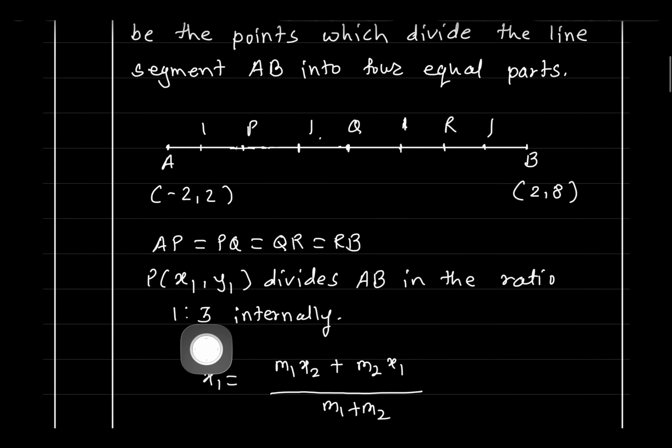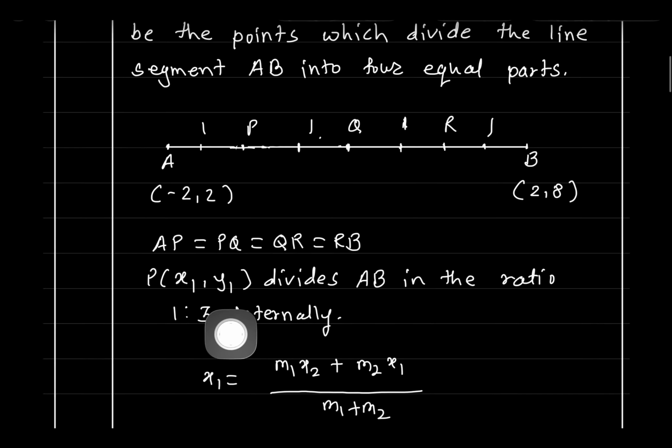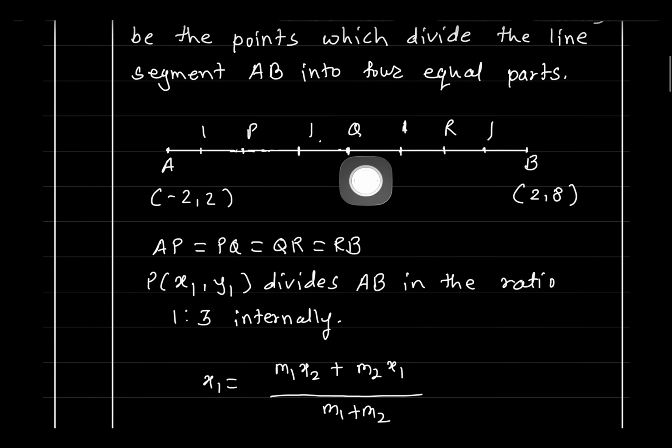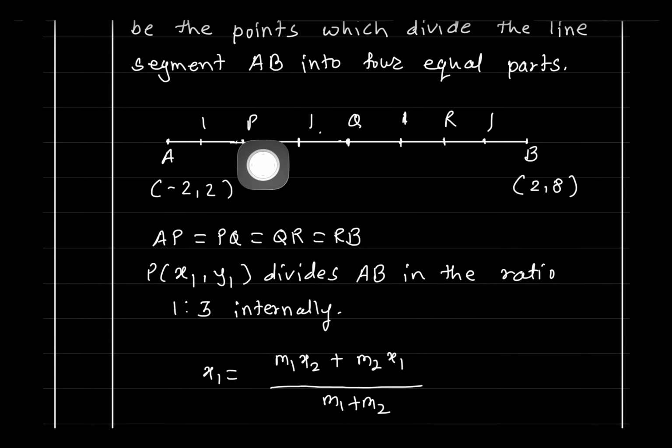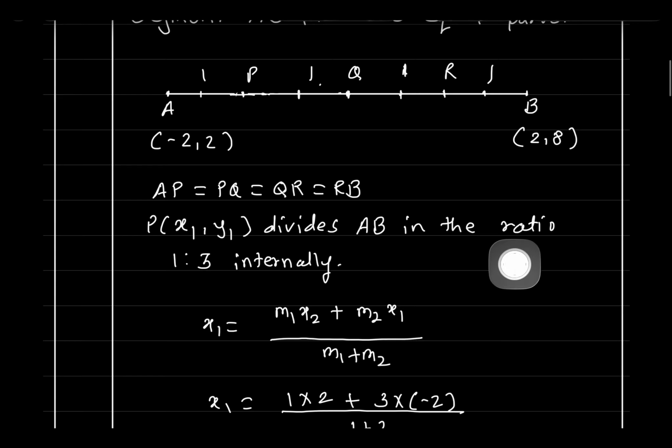See, how is it coming 1:3? These 4 equal parts are there, and we are considering only point P now. Point P is there and the line segment is AB. Because of the point, AP is one part and then PB is the other.